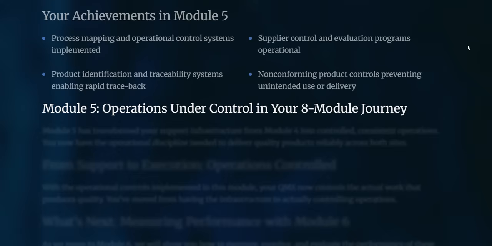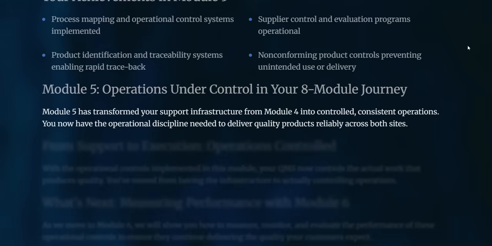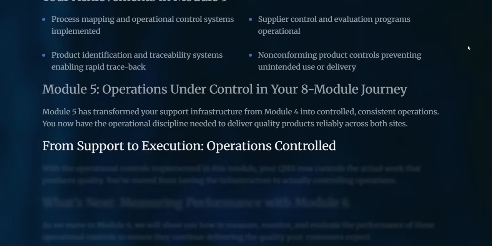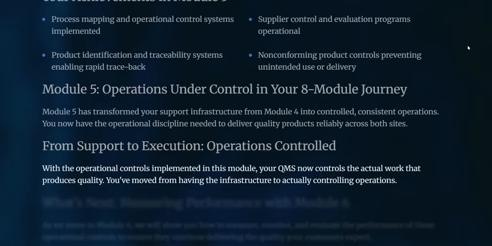So Module 5, operations under control, in our eight module journey. Module 5 has transformed our support infrastructure from Module 4 into controlled, consistent operations. We now have the operational discipline needed to deliver quality product reliably across both sites, Site A and Site B. So from support to execution, operations control.